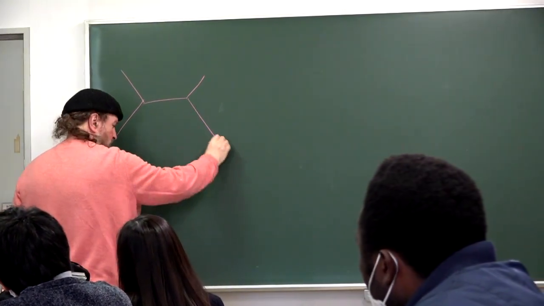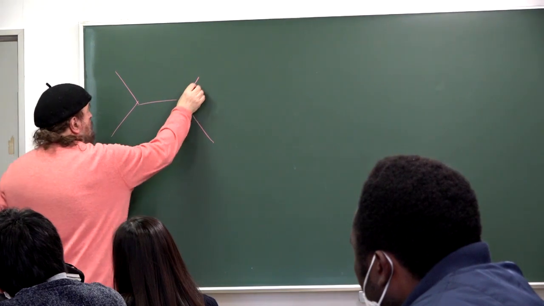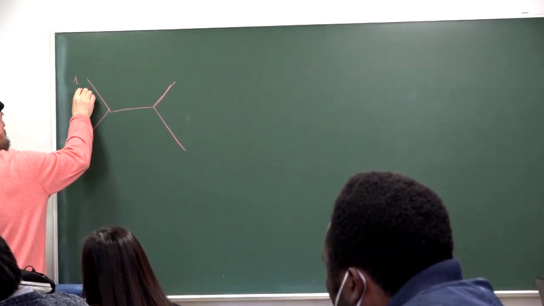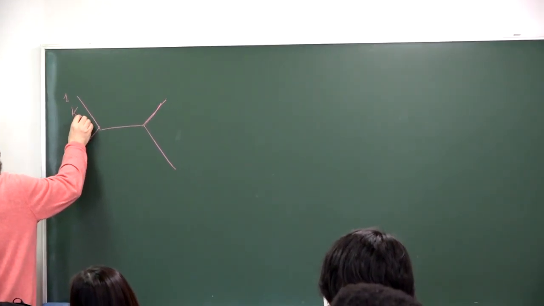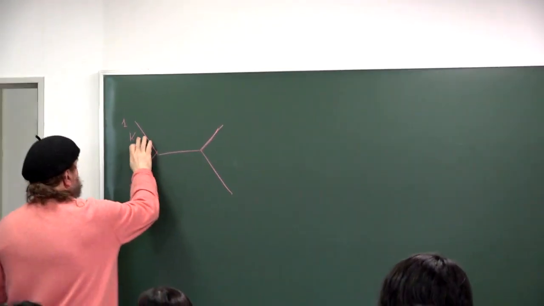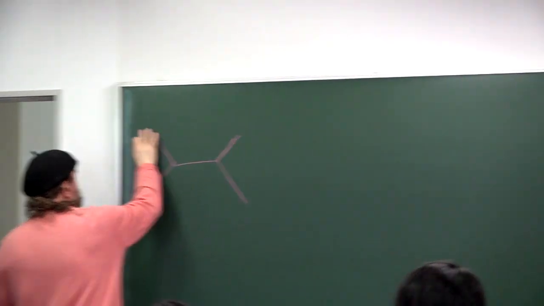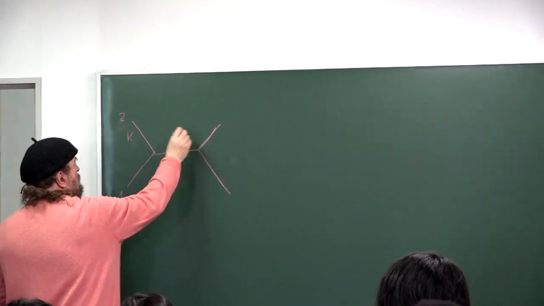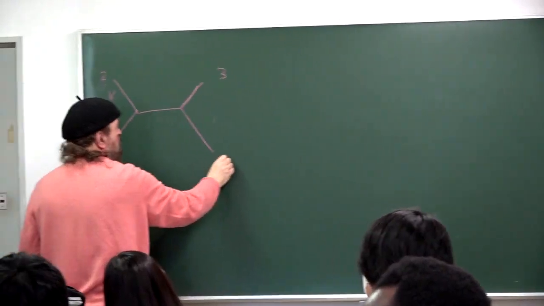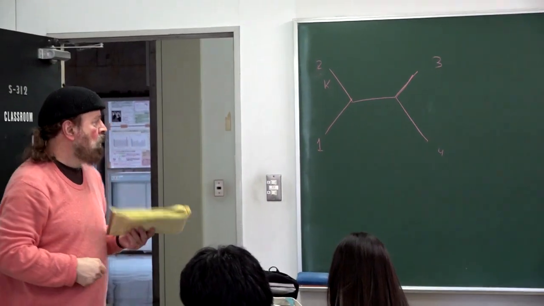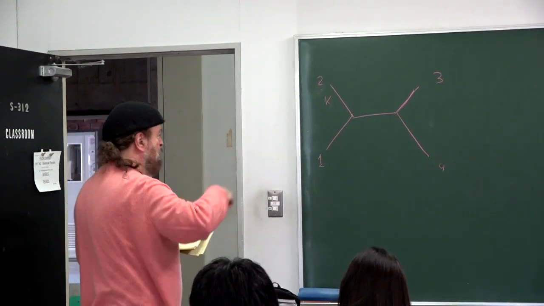Let's say you have particle 1 that has a certain energy momentum K1. Let's start here. 1. This is 2. This is 3. I'm going to write them ordering according to the clockwise notation. 1, 2, 3, 4. This is how a clock goes.